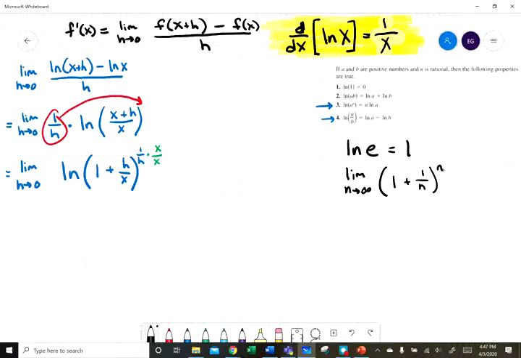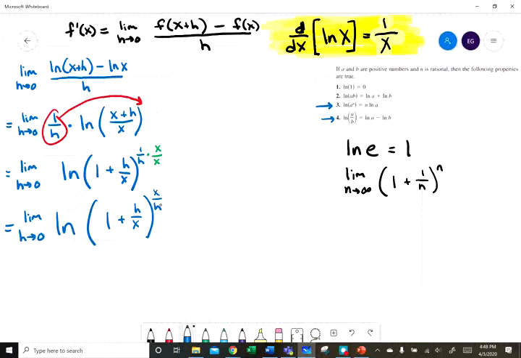Okay, so let's take that x over x and let's do something like this. We'll say the limit as h goes to 0, natural log of, well, we've got 1 plus h over x to the power x over h.